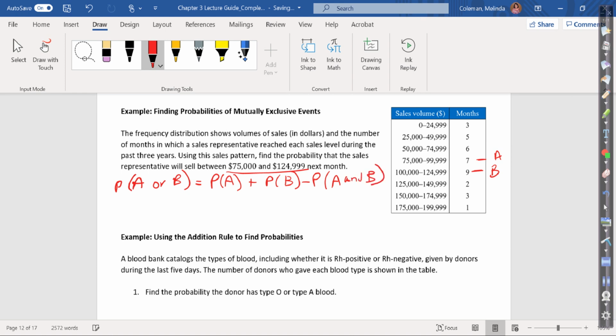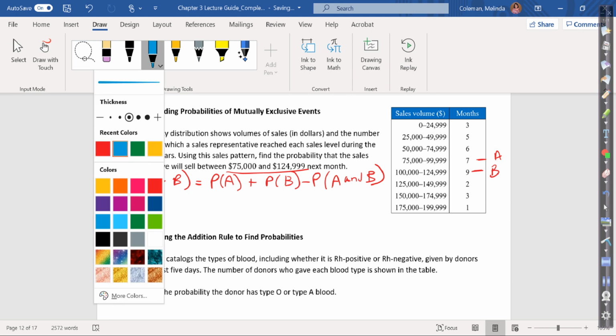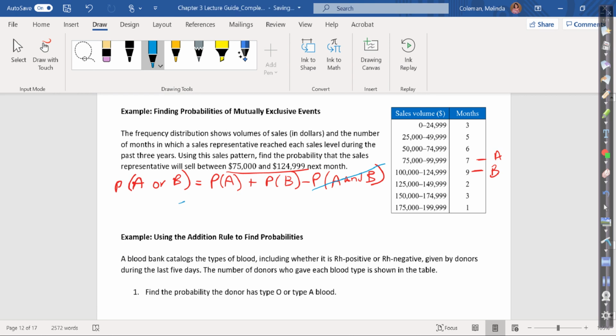And again, you should be able to see that the numbers aren't going to be in both. The number of months can't be in both categories. You either sell between 75 and 99,999 or between 100 and up. There's no way that that's going to be in both categories. So we could say then that because we know these are mutually exclusive, this part cannot exist. And the probability of A then would be 7 out of, well, how many months is this?